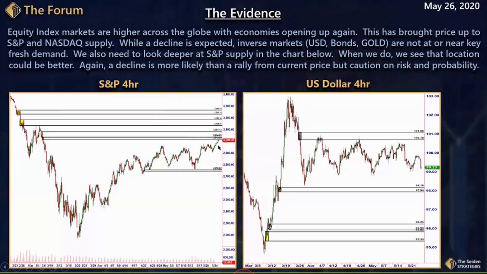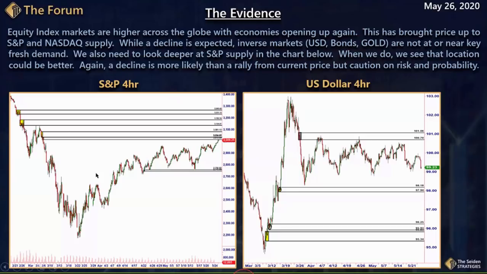But when we take a deeper dive into not just the equity index markets around the world, but the inverse markets related to them, it's not a surprise that prices went a little bit higher before falling. And is this the top for a long time? The charts are not suggesting that, though they certainly suggest that we should fall from this area.